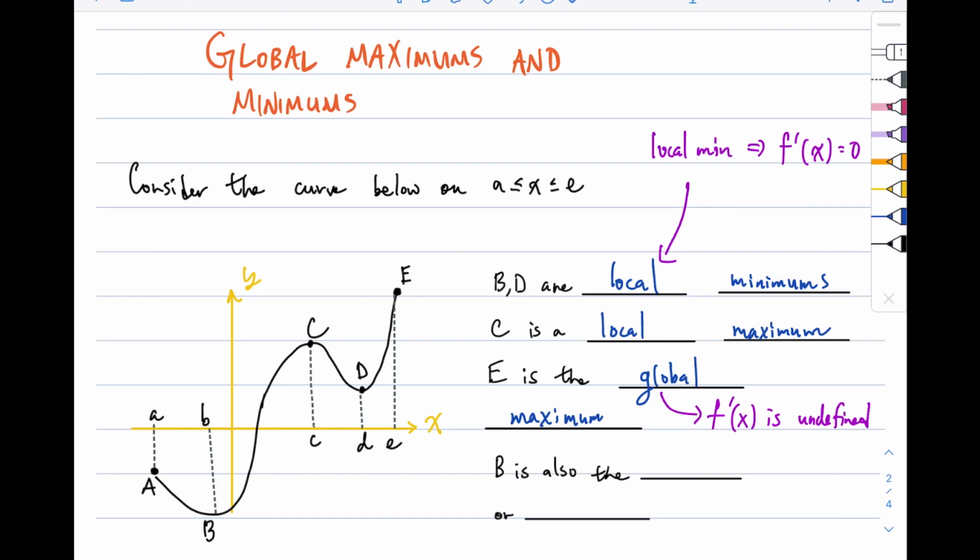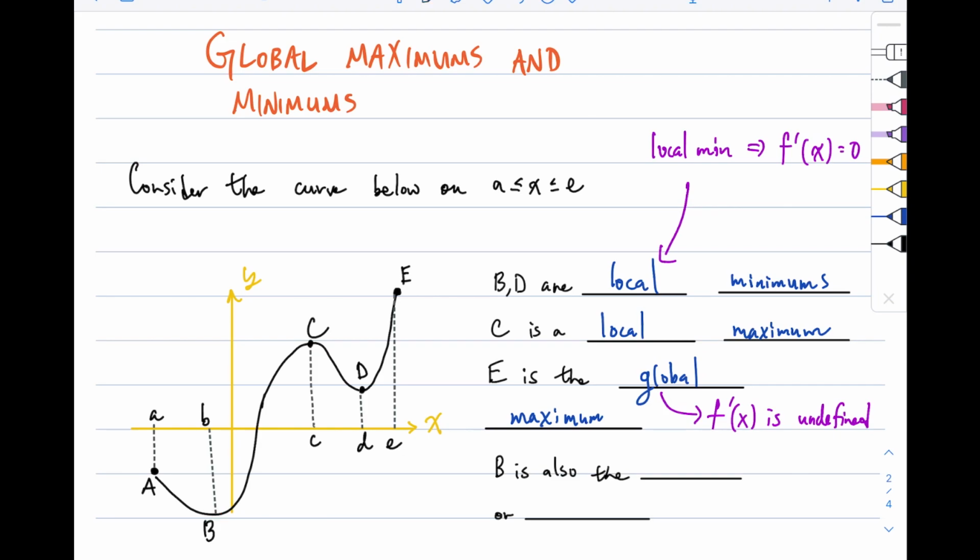All it says is the point has a y-coordinate that's the highest on an interval, okay? That's all it's saying. In the same way, now let's take a look at point B. You'll notice point B is a local minimum here because it's the lowest the point ever goes in the locality. But it's not just the local minimum, it's the global minimum. Point B has a y-coordinate that is the smallest among any other point on this curve.